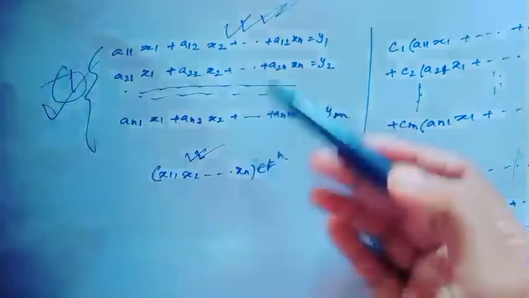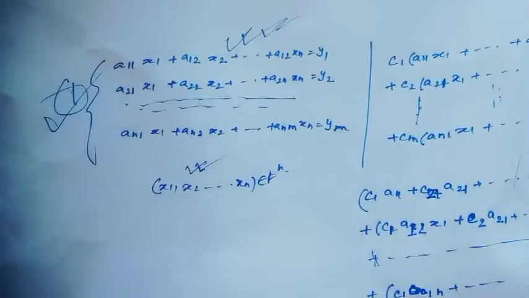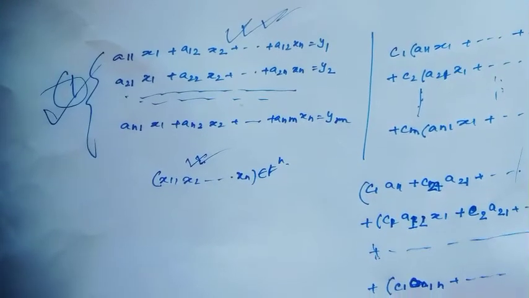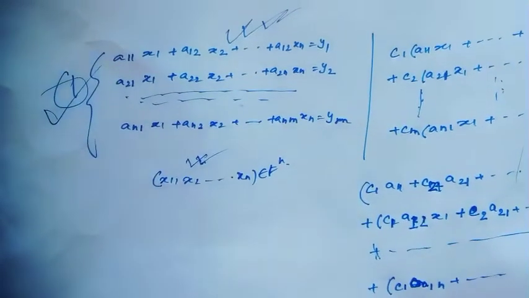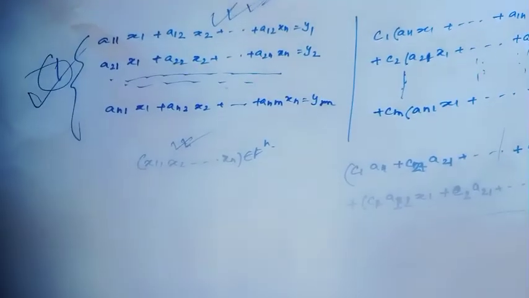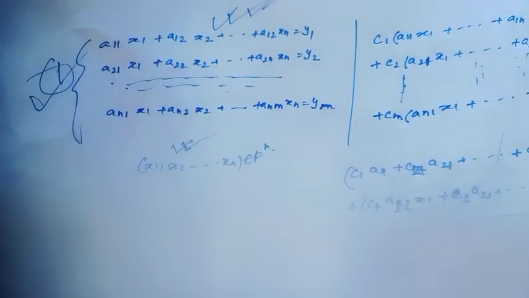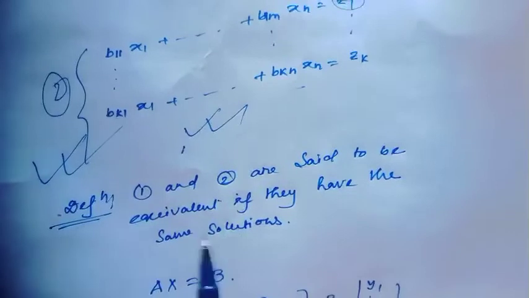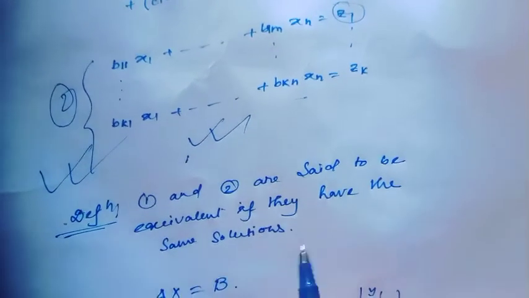So if we can find a linear combination of this system by any method that gives the same solution, then we can say these two systems are equivalent. The definition is: two systems are said to be equivalent if they have the same solution.